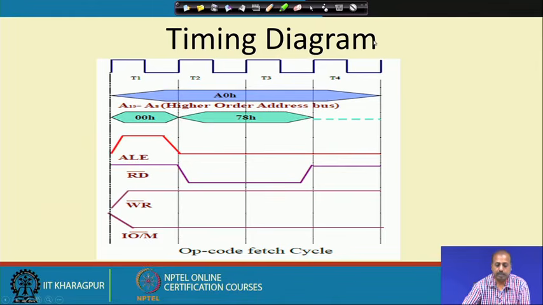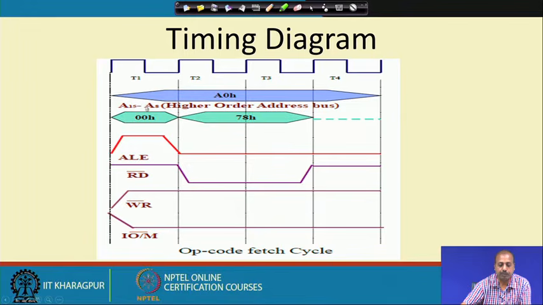This is the timing diagram for the execution of this instruction. In the first clock cycle, this requires only 4 clock cycles, which form the opcode fetch cycle. This is the address bus content.